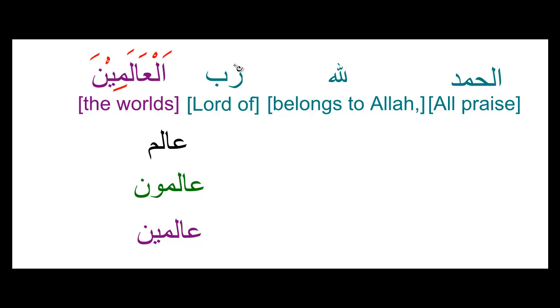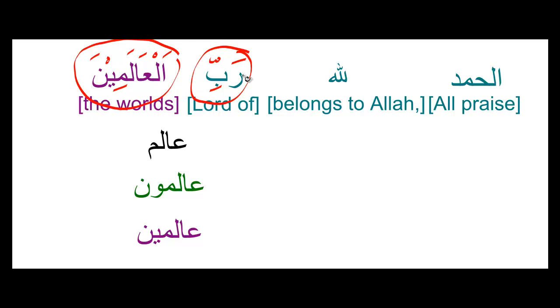So alhamdulillahi rabbil alamina. And for those of you that watched the last video, you may realize that Rabb and al-alamina have a relationship. So Rabb is mudaf and al-alamin is mudaf ilay. So they have a relationship of al-idafa.